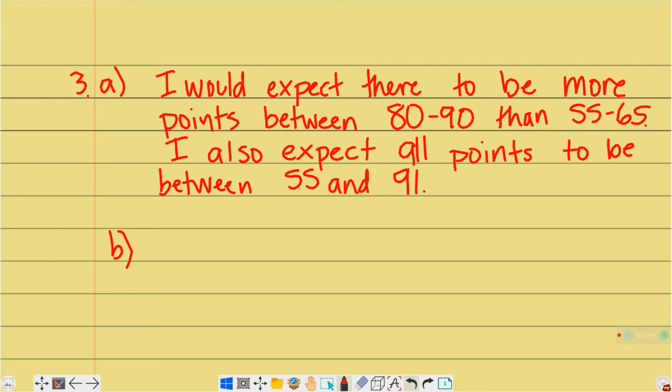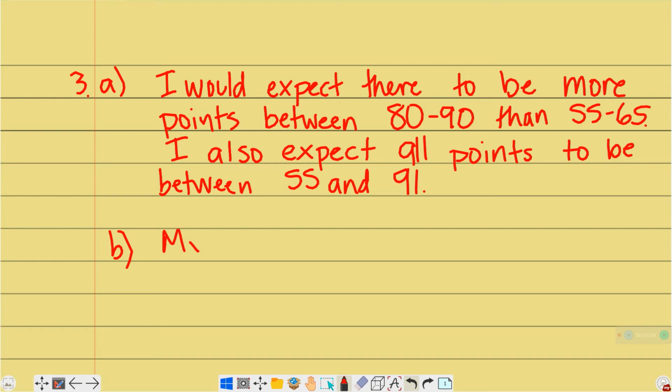Did you have more values between 80 and 90? Well, it looks like there's 6 values between 80 and 90 on that first dot plot, and maybe 2 values between 55 and 65. So were there more?